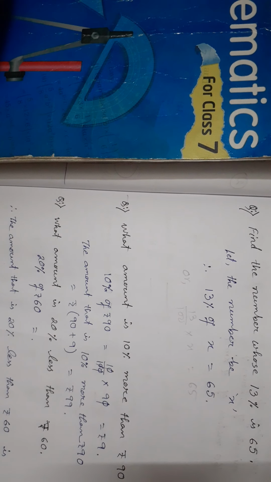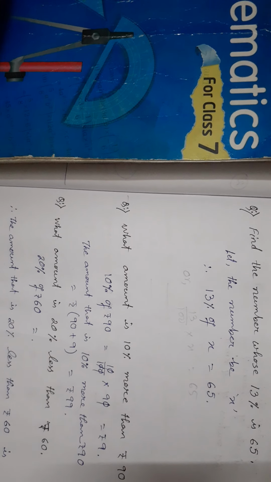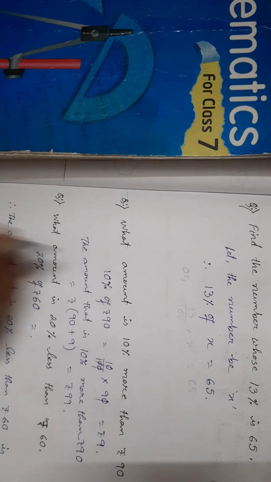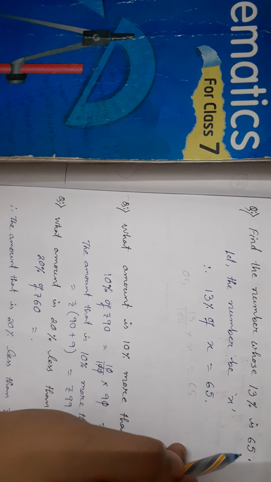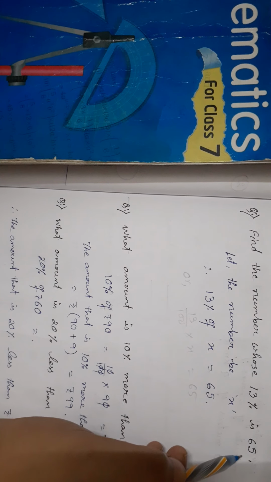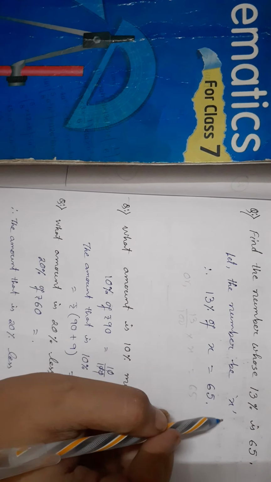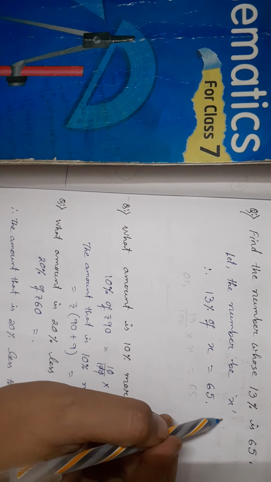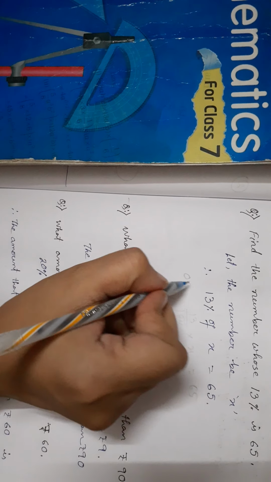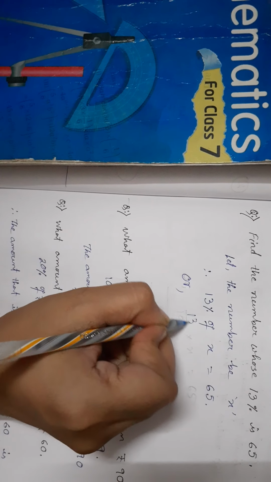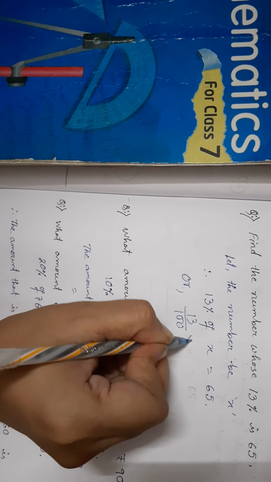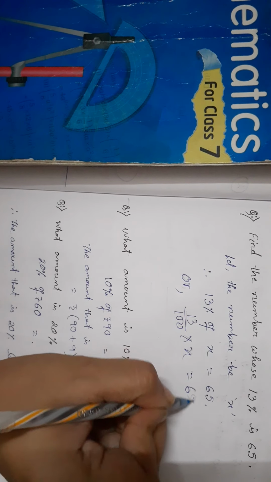Now let us see some more problem sums. You can see here it is given: find the number whose 13% is 65. We need to find the number whose 13% is 65. So we are considering here the number to be x. So if the number is x, then 13% of x is 65, that means we can write 13/100 into x equal to 65.